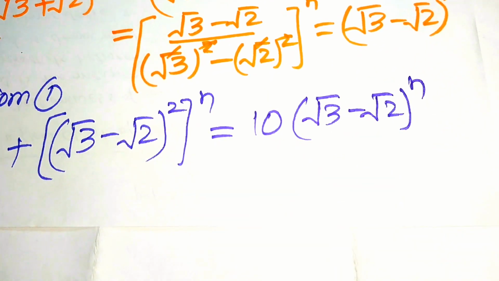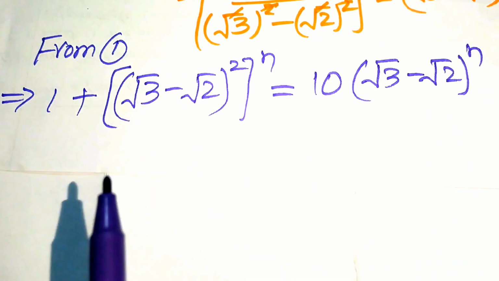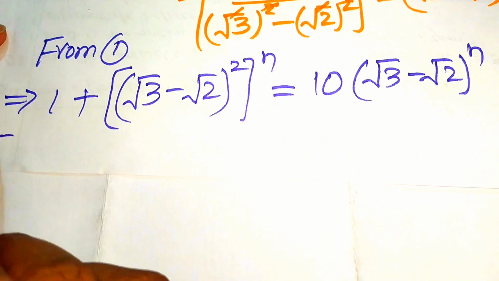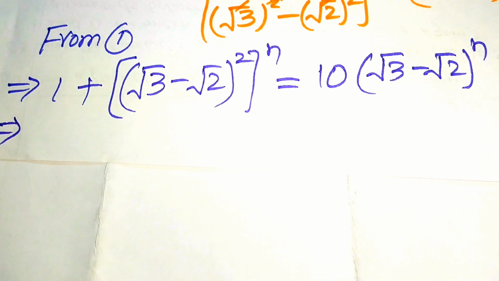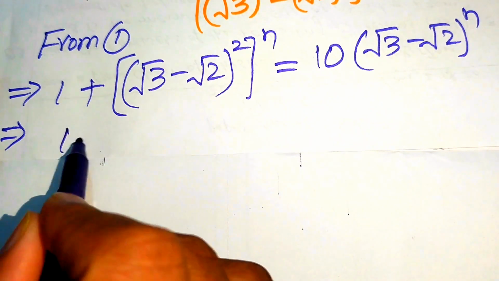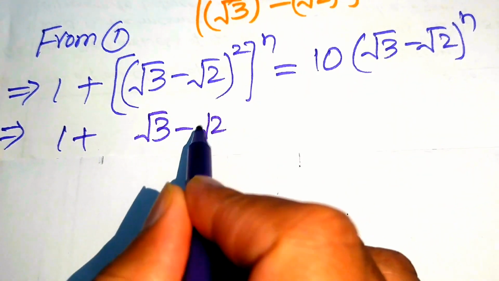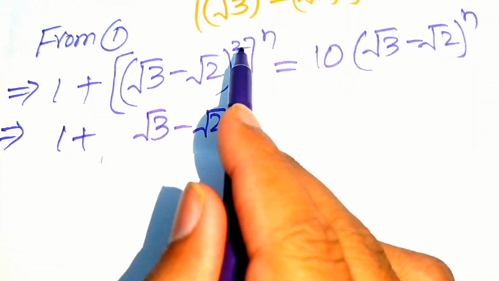Now further we convert this exponential equation into the quadratic form. First we rewrite this equation as 1 plus ((√3 − √2)^n)^2 equals 10 times (√3 − √2)^n, interchanging these two exponents.